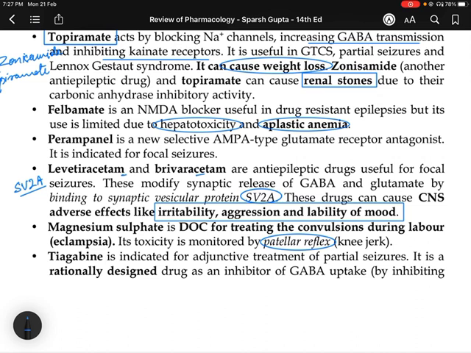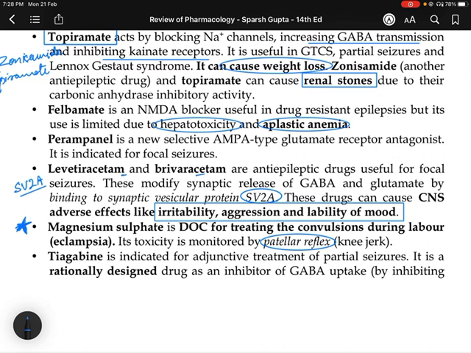Magnesium sulfate is a drug of choice for eclampsia during labor, and its toxicity is monitored by patellar reflex. It's a weird one. So somebody who's pregnant, we have to check the patellar reflex. If the knee jerk is not there, that means magnesium sulfate has reached its toxicity level.